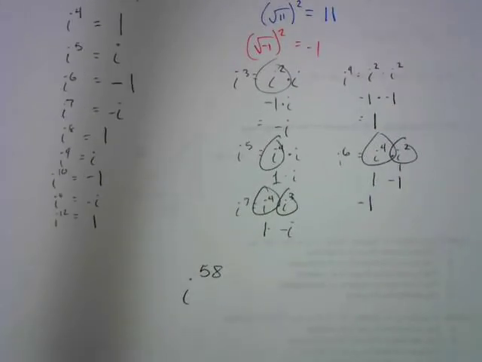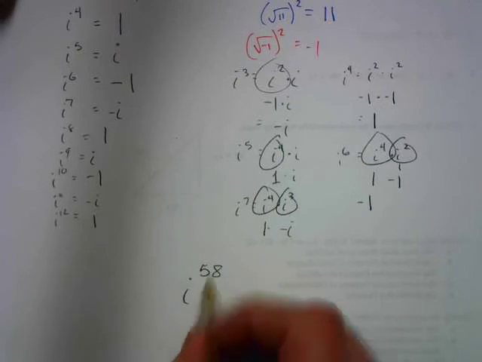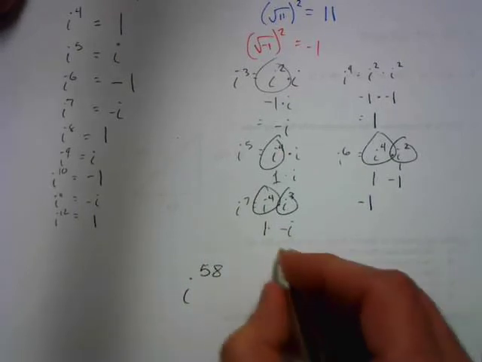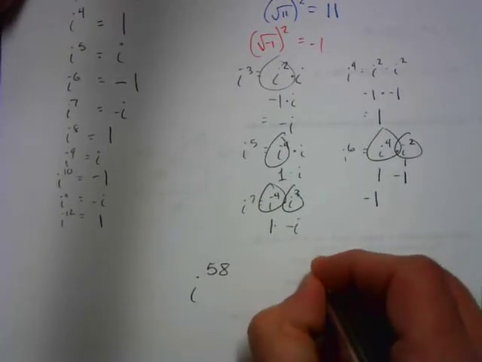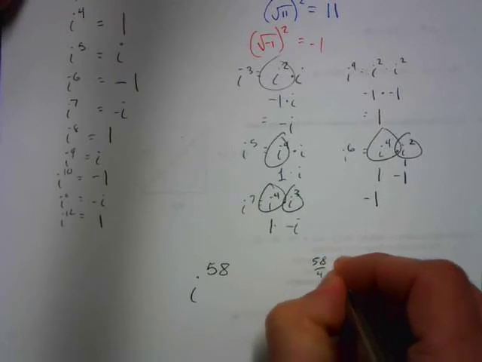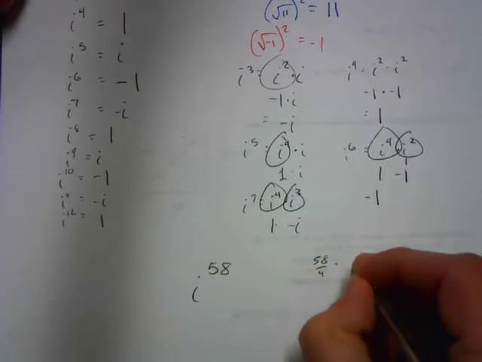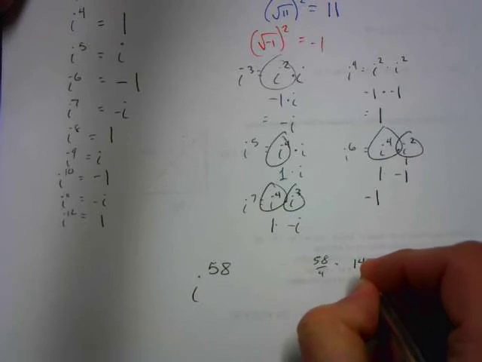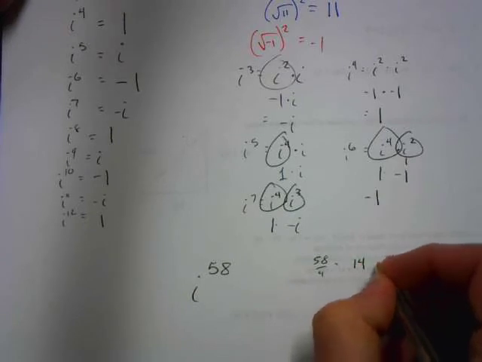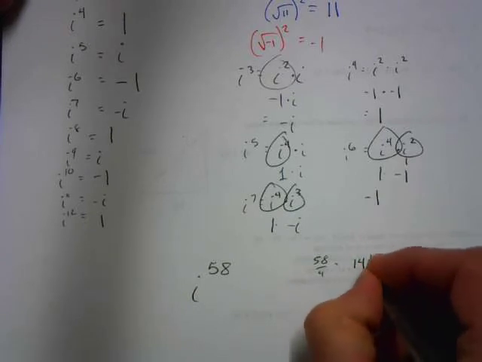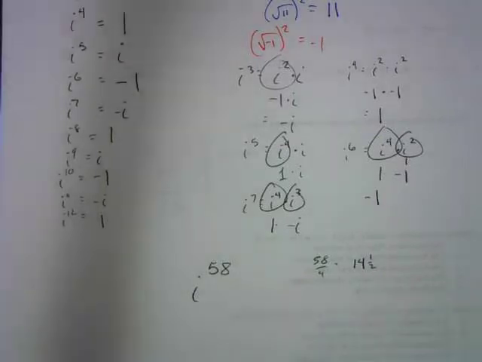So basically, all we have to do is take 58, divide it by 4. Okay, 58 divided by 4 gives me, what is that, 14. And what's the remainder? Okay, so it's going to be 14 and a half. So it's basically 14 with a remainder of 2.